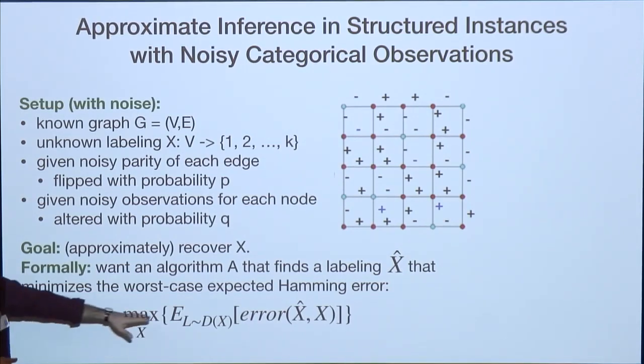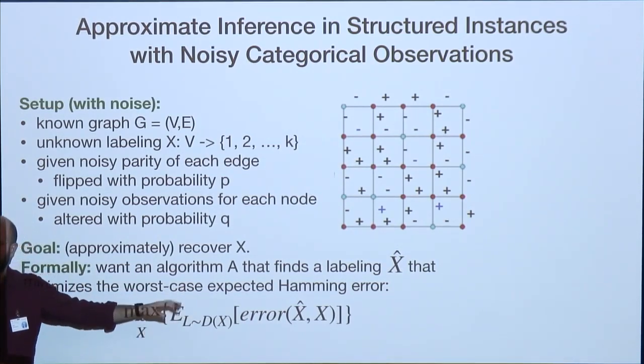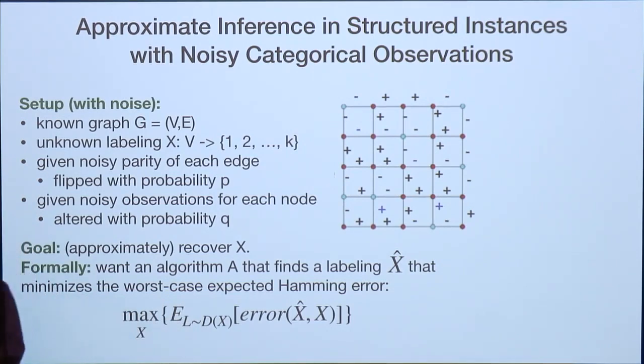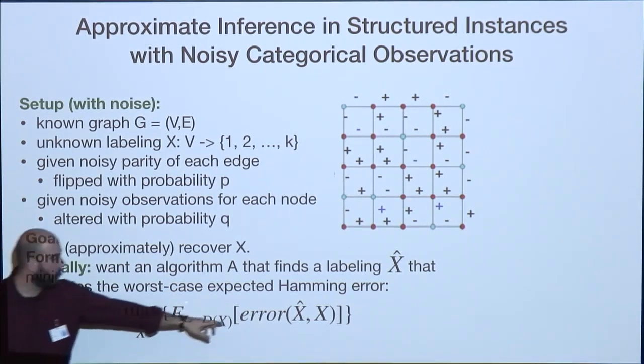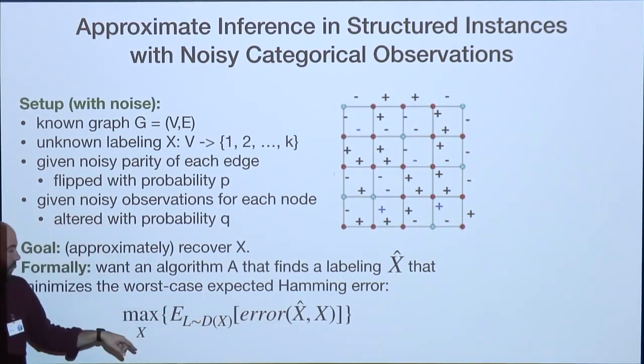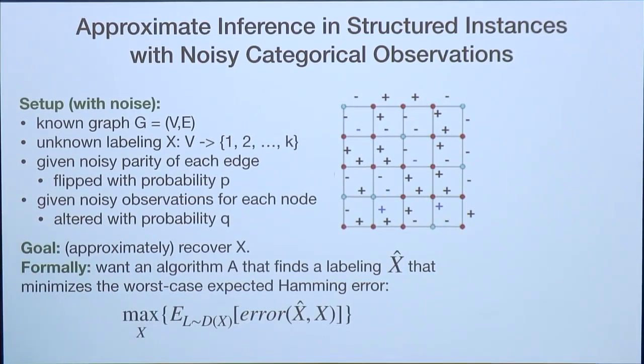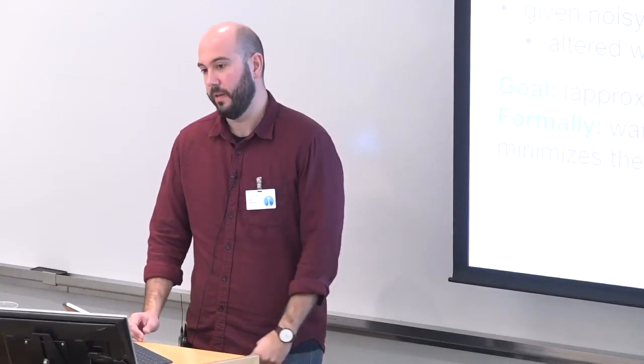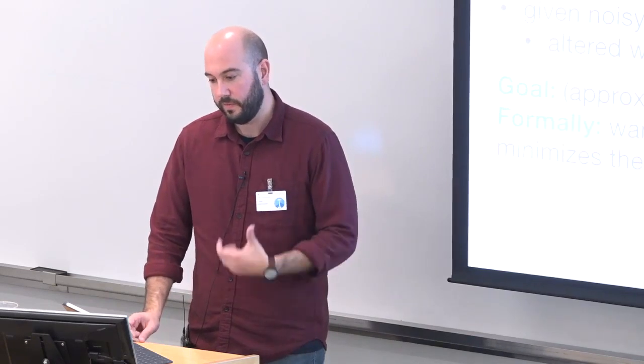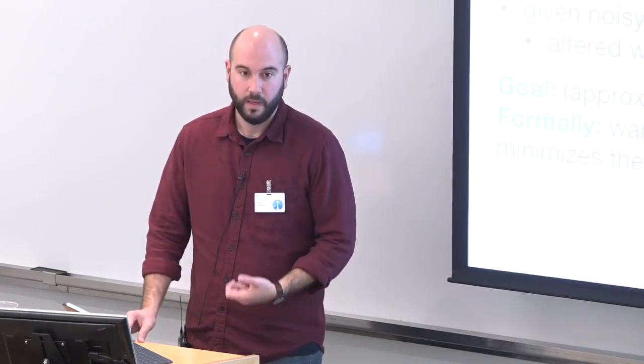But over all the possible noisy channels, over the different assumptions that I have for my noise, I want to minimize the error between what I get out of my algorithm and what the clean, unknown data was. This is a standard problem in theory called statistical recovery.